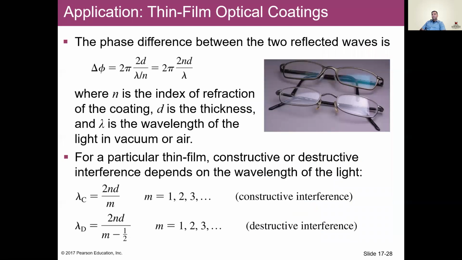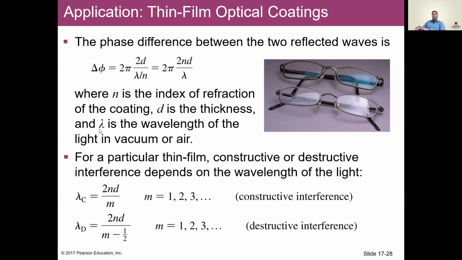In order to decide which kind of constructive or destructive interference we are looking at, we will first have to find out the phase difference between the two reflected waves, okay? And the phase difference is 2 pi times 2nd over lambda, where n is the refractive index of the coating, d is the thickness, and lambda is the wavelength of the light in vacuum or air.